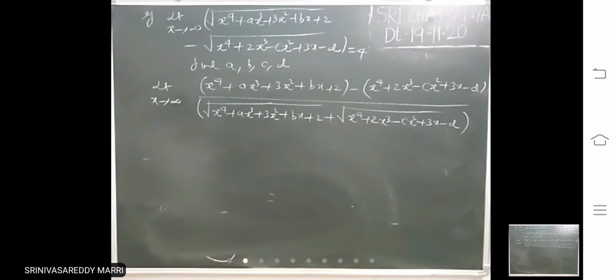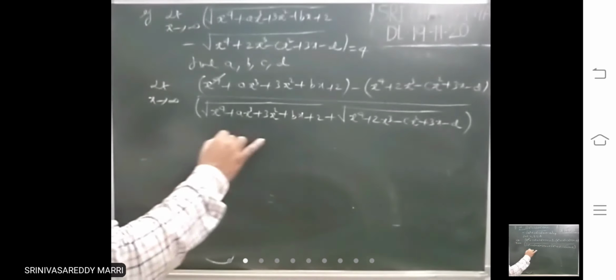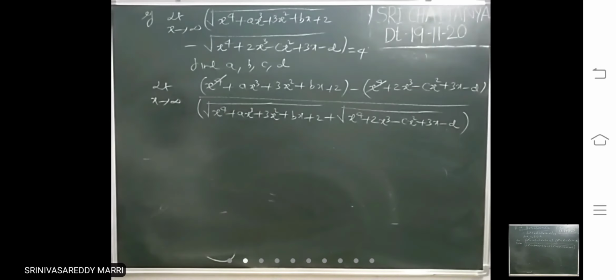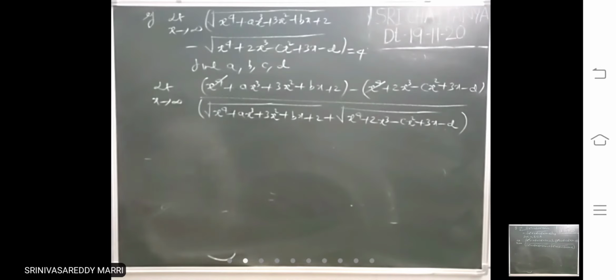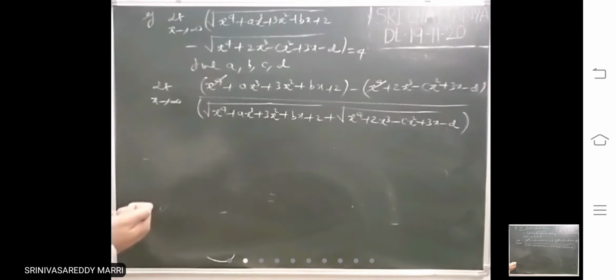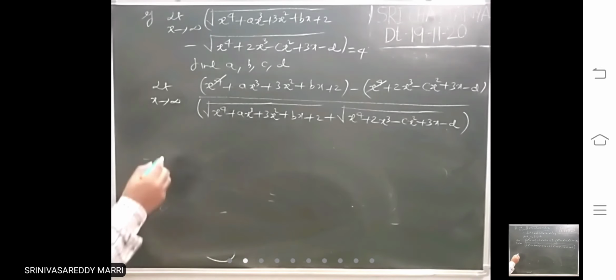Okay. So now x power 4 cancels, x power 4, x power 4 cancel. So rearrange the terms in the numerator.